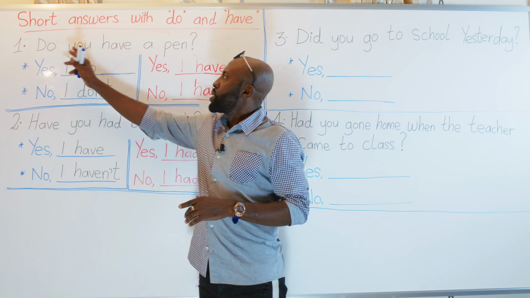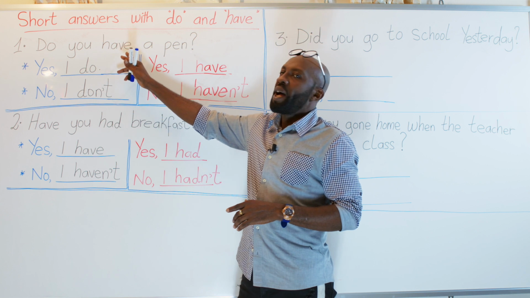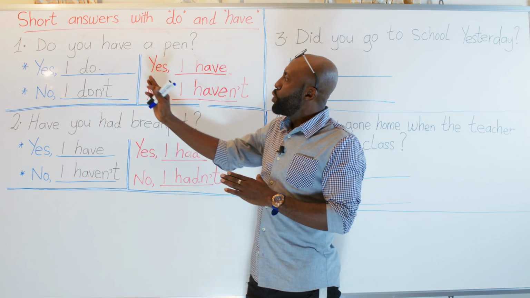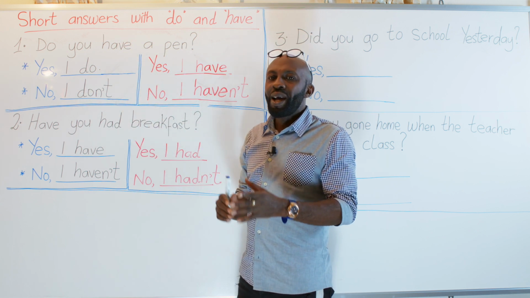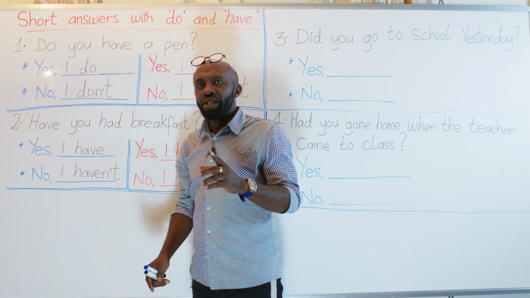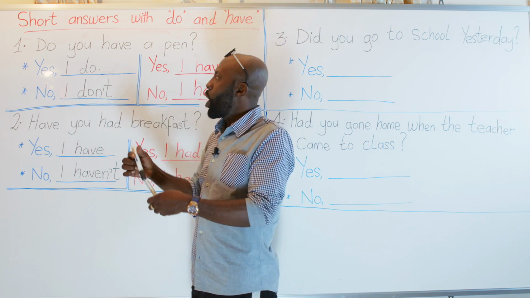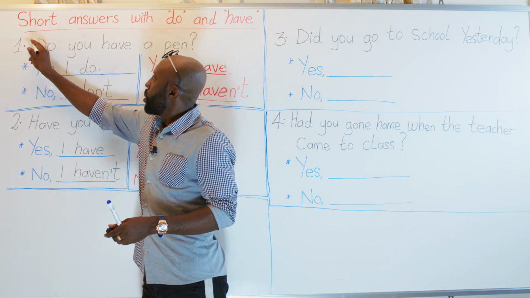We have two verbs in this question, the verb do and the verb have. So when giving your answer, you pay attention to the first verb do, which is the auxiliary verb.